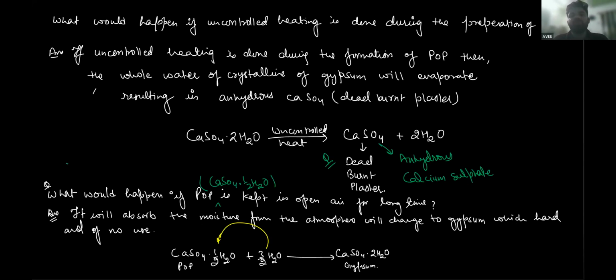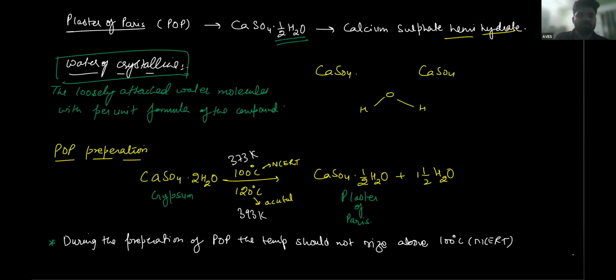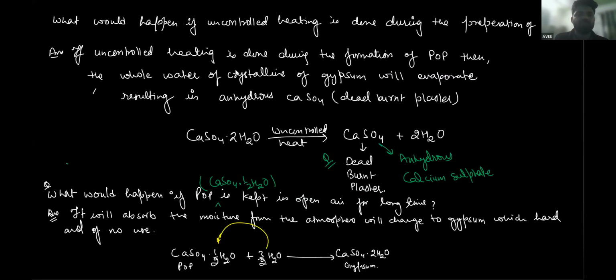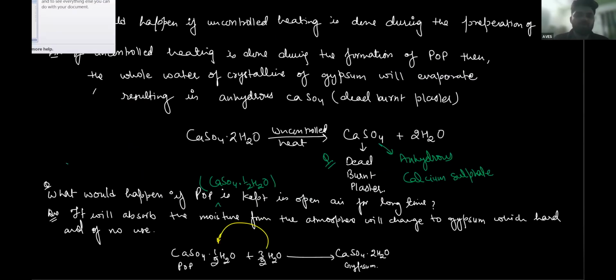What would happen if uncontrolled heating is done during the formation of POP? First of all, write the preparation in a proper manner, during the POP formation. Then write down these two questions: what happens when it is kept in open air? In proper language, note it down.